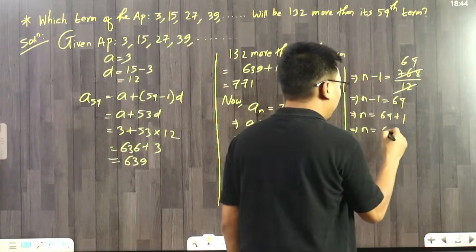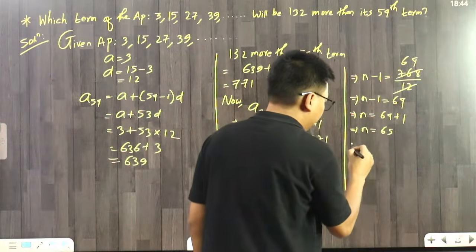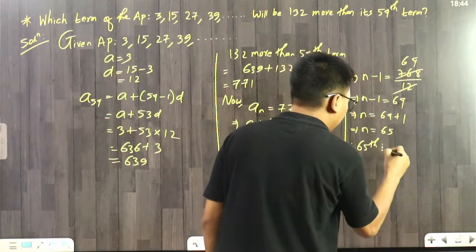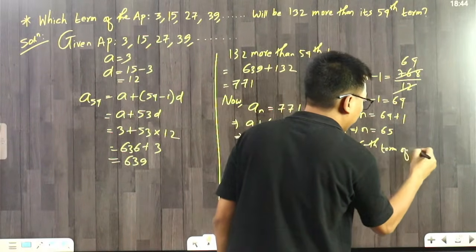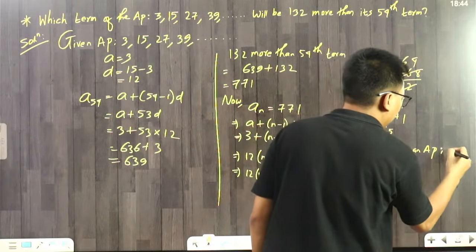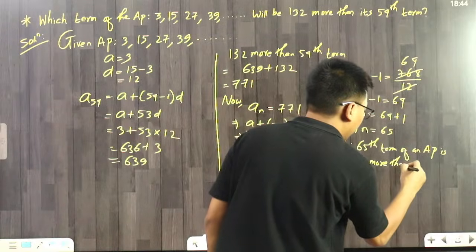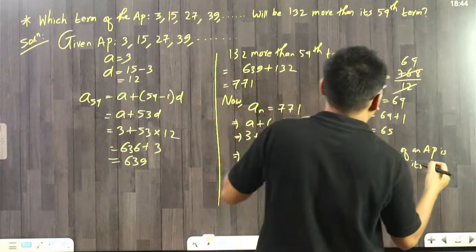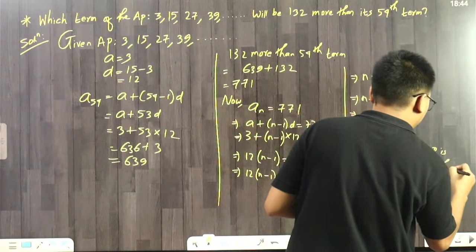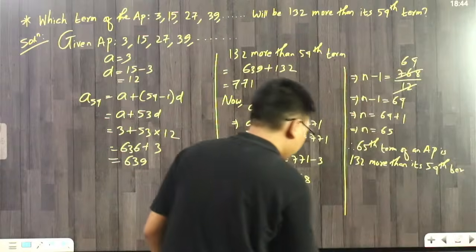So n will be equal to 65. So the 65th term of an AP is 132 more than its 54th term.